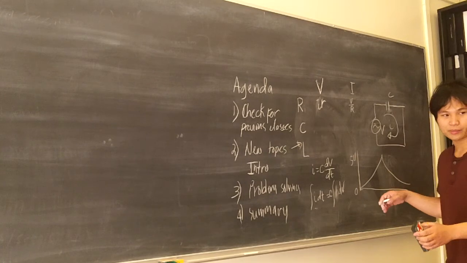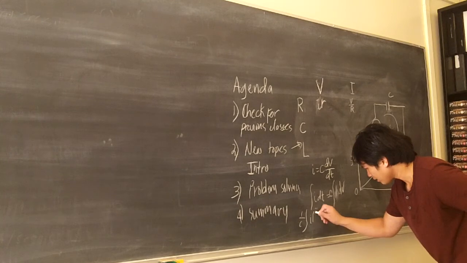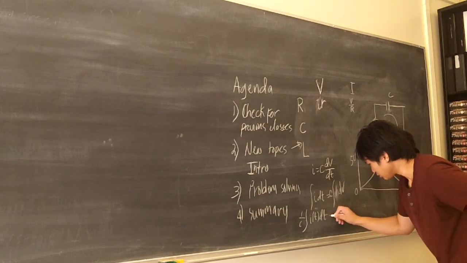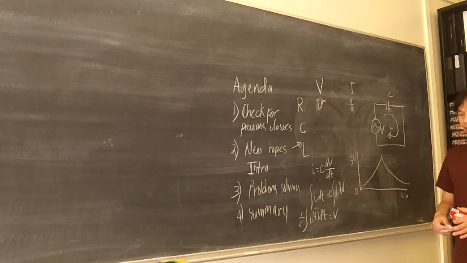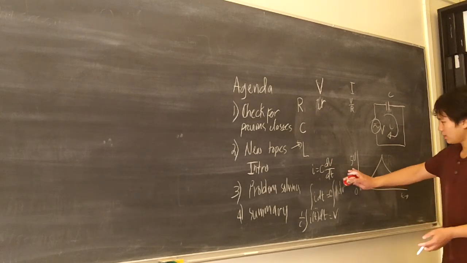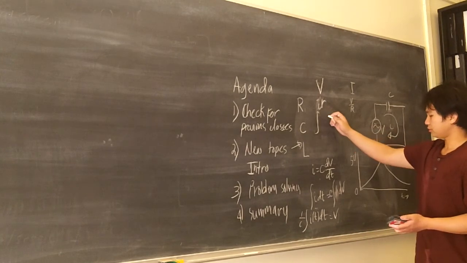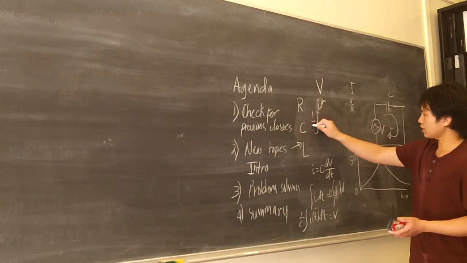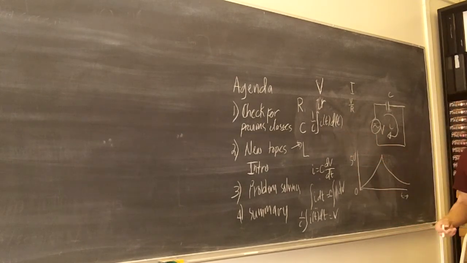So it's 1/C integral of I of t dt equals your voltage. You can start from here. That's your major formula. I of t is a function of time because it changes. It's varying.